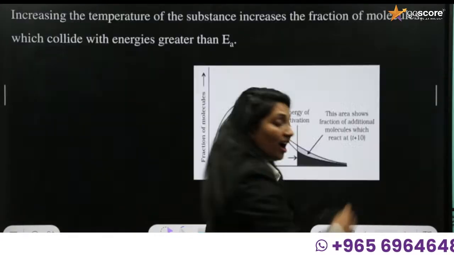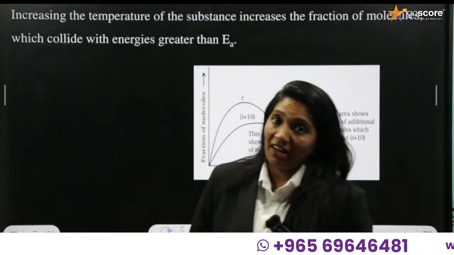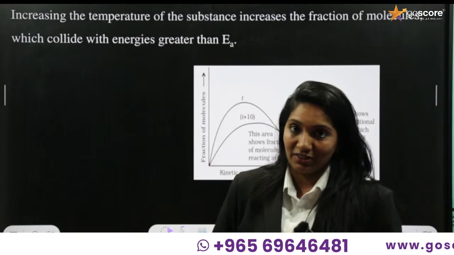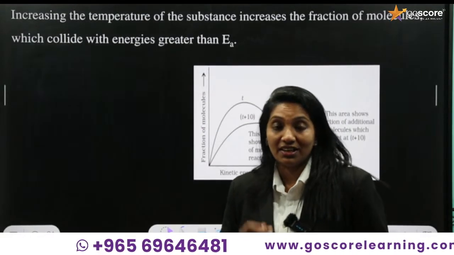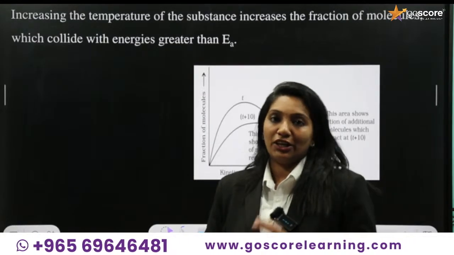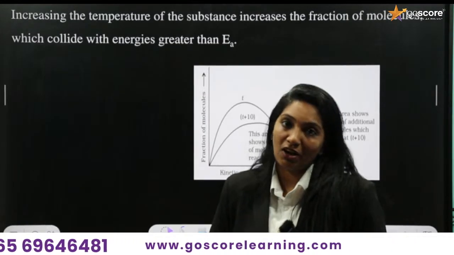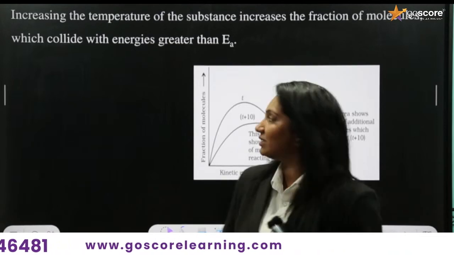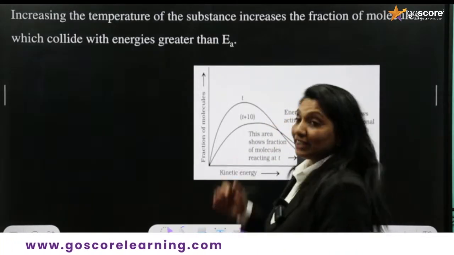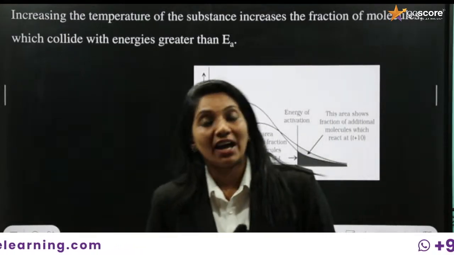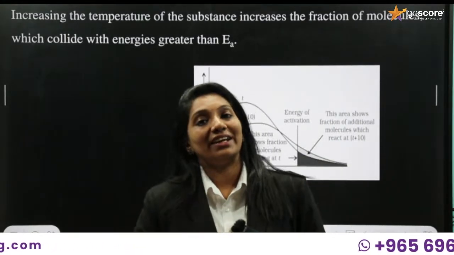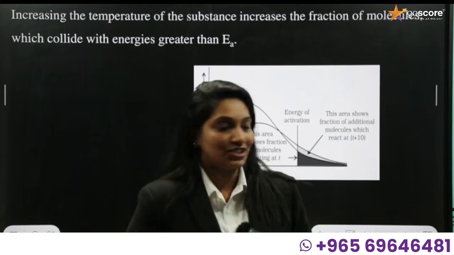Now let's see how the temperature will affect the rate of the reaction. We have already mentioned that whenever there is a 10 degrees Celsius rise in the temperature, the rate of reaction or the rate constant will almost get doubled, right? So, an increase in the temperature will cause a greater fraction of molecules to attain the activation energy.